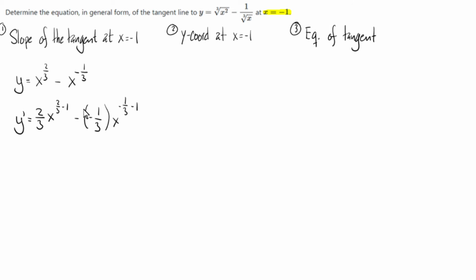Okay, so we can clean this up a little bit. We're going to get 2/3 times x to the power of negative 1/3. And then we're going to get plus here, we have double minus signs, plus 1/3 times x to the power of negative 4/3.